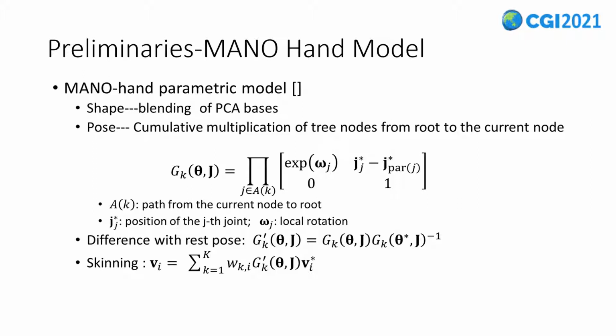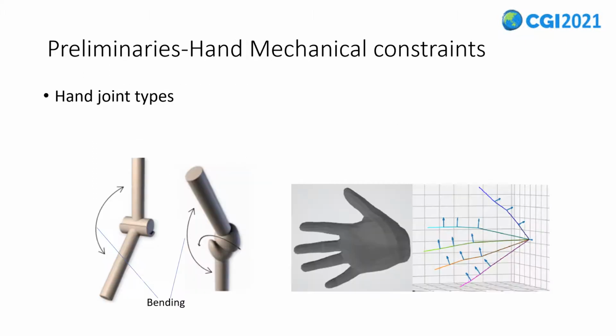According to the forward kinematics, this yields the following global transformation matrix for joint K. E omega I is the rotation matrix of joint I. AK represents the node path from the second level ancestor, which is adjacent to node 0, to the parent node of joint K. PI denotes the parent node of I. GK describes the transformation of joint K related to the world system.